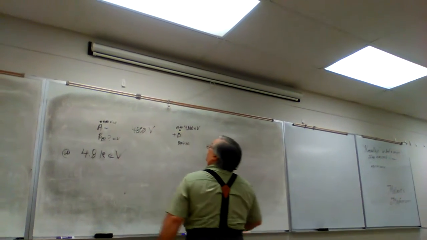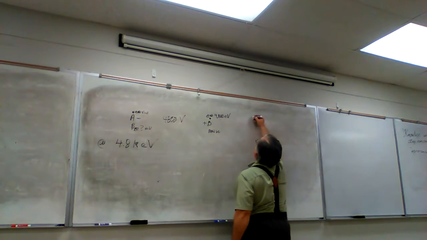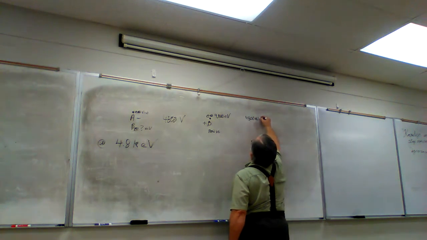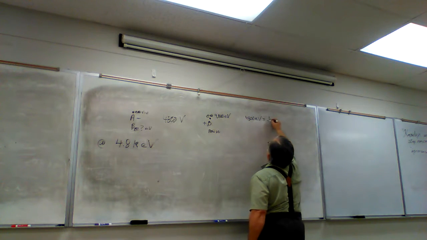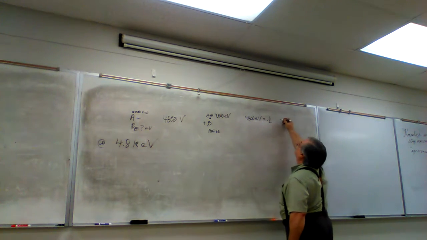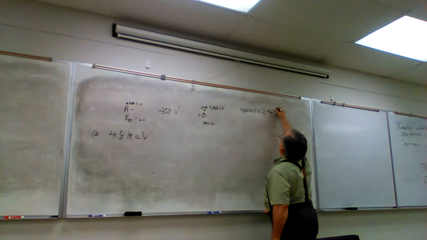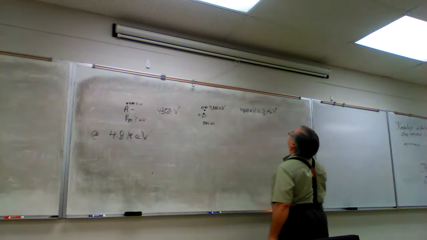So, what's the velocity of the electron? We've got 4,800 eV is equal to 1/2 the mass of the electron times its velocity squared.